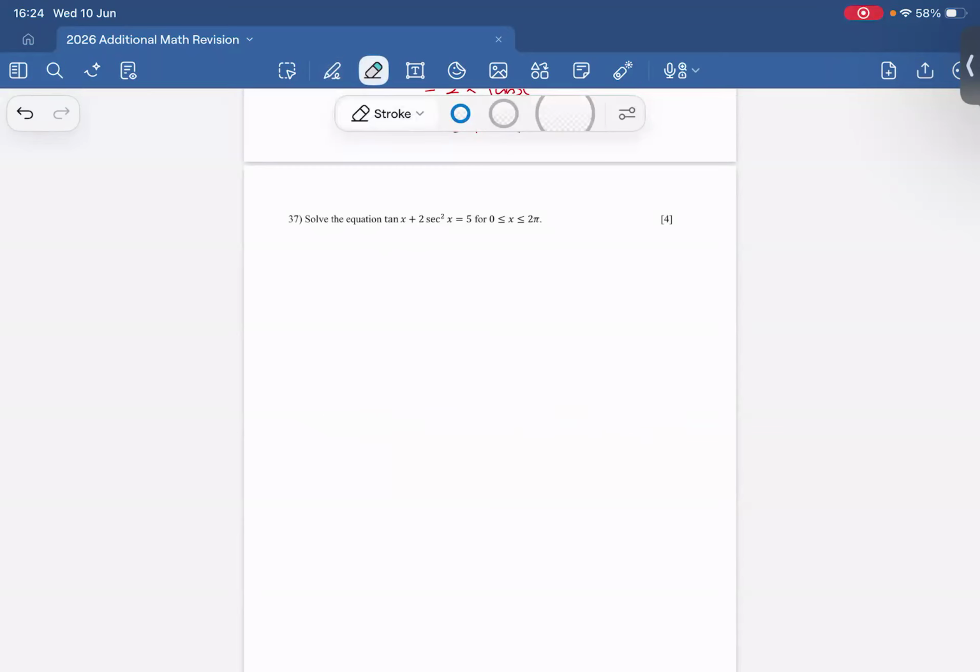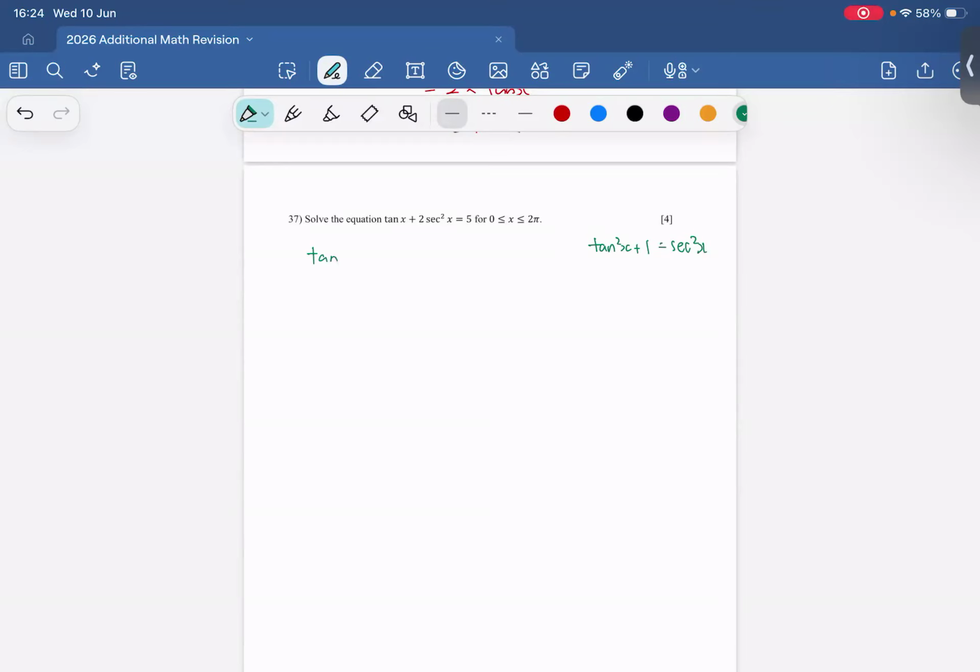Again, you need to know your formula in order to see what can change to what. Your formula says that tangent square x plus 1 equals secant square x. So now secant square x is just equal to tangent square x plus 1.